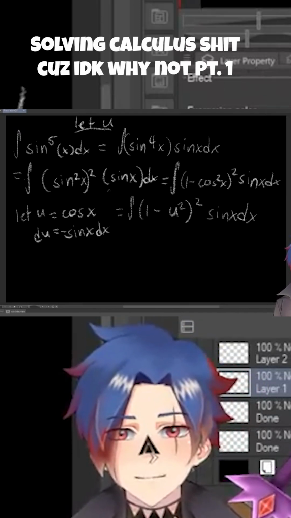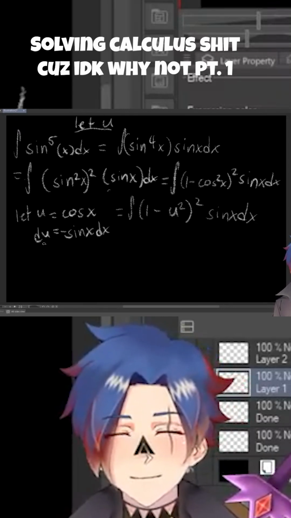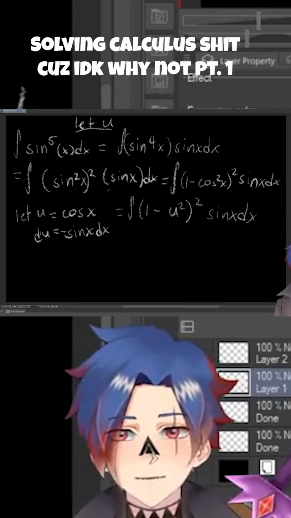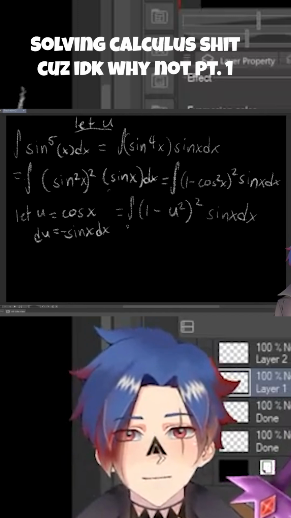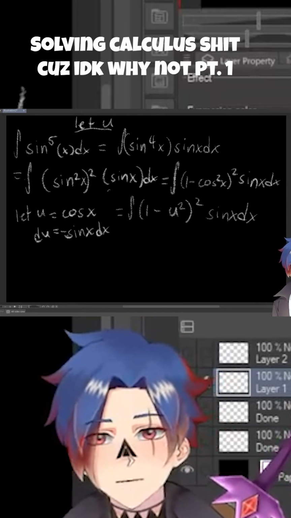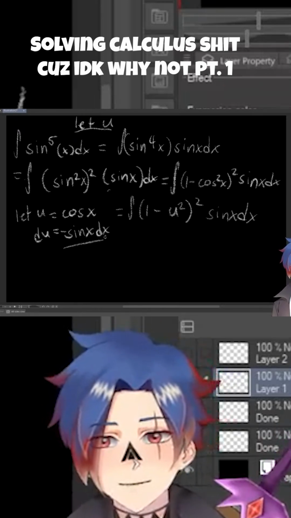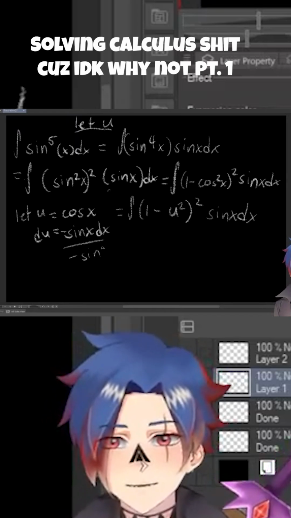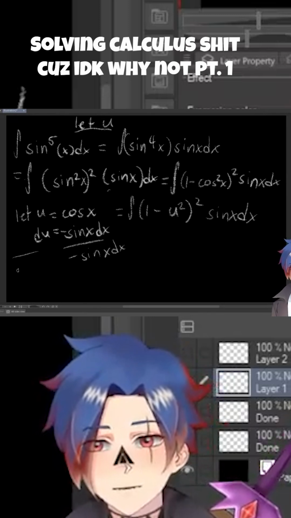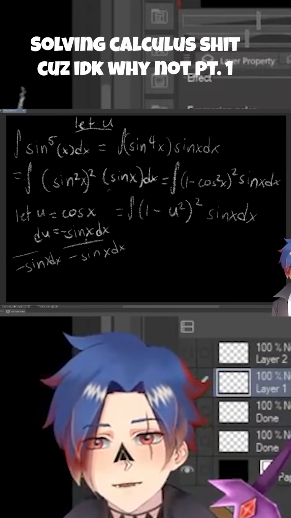Since we already have dx here and u here, we need to get du into this equation. So how do we do that? Basically, we can divide both sides by negative sine x. Bear with me, it's gonna look long.